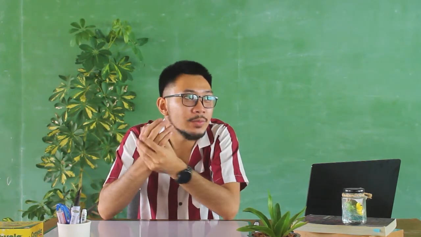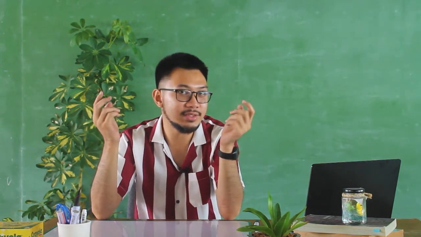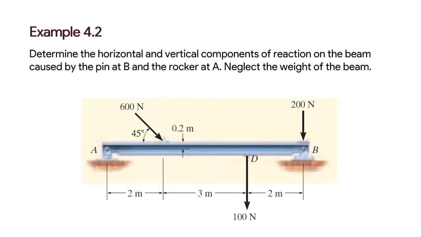Okay, so let's have another example. And this one, we are now dealing with beams. And this beam is supported with two support reactions. So, let's have this one. We have to determine the vertical and horizontal components of the reactions of this beam.